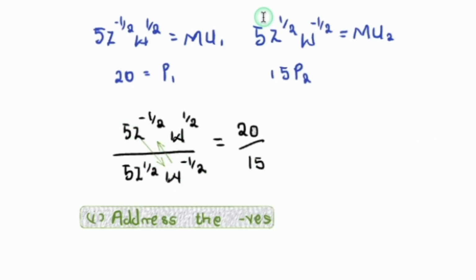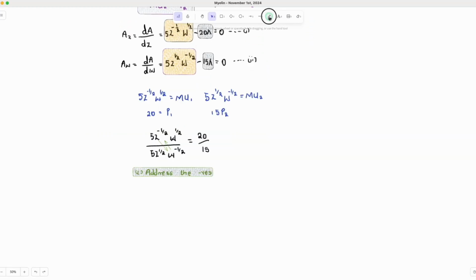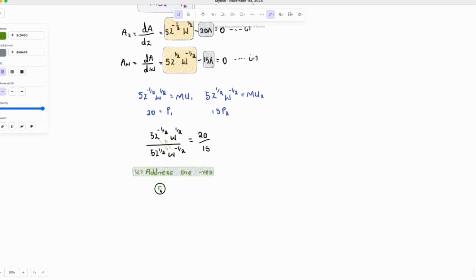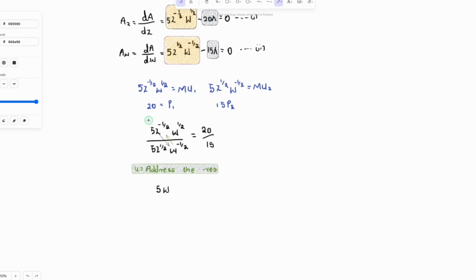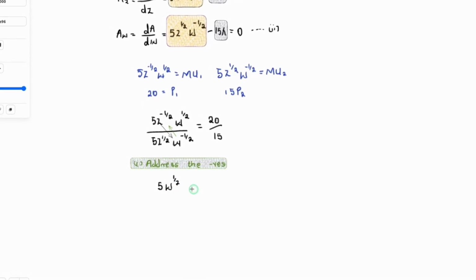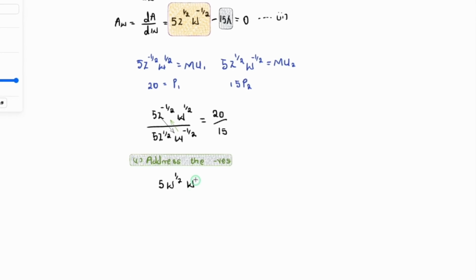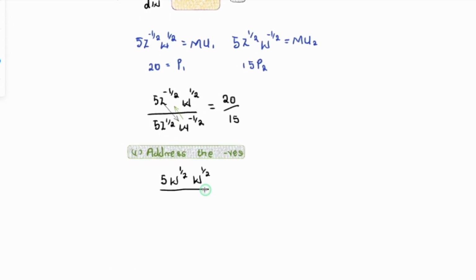If I interchange their positions, what will happen is that the signs will also change and they'll become positives. So I can rewrite this as 5w. I have moved the w up. Its power turns into a positive, w to power a half, and the other corresponding w there is also to power a half.